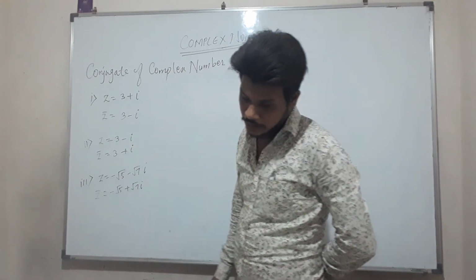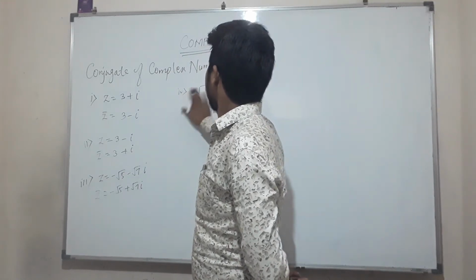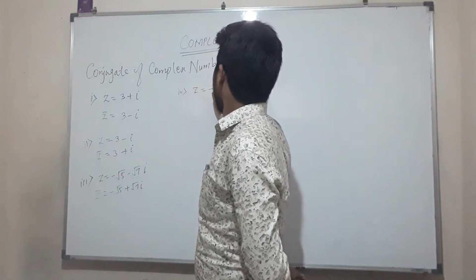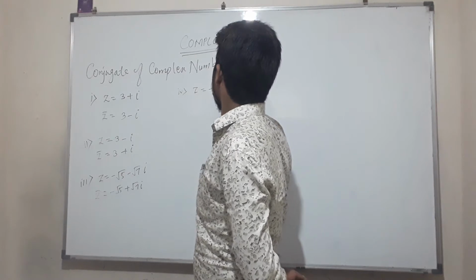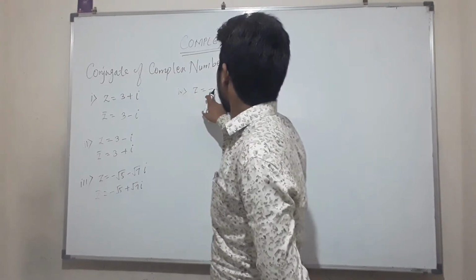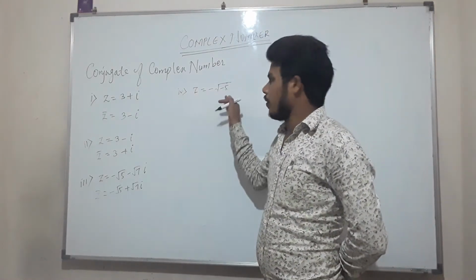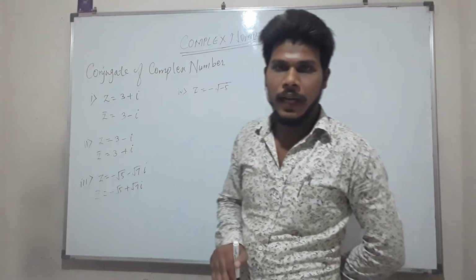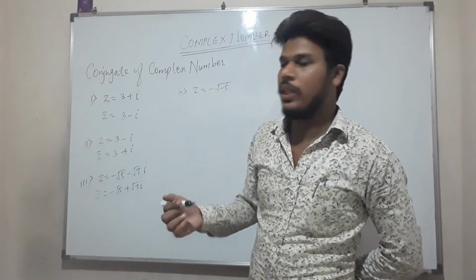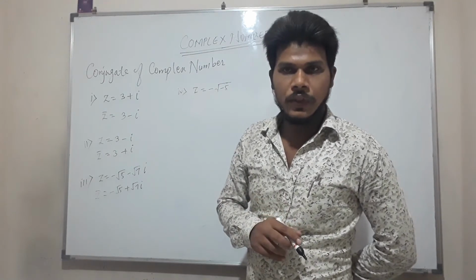Next question is z is equal to minus square root of minus 5. So this is not in form of i. So first we will change it in the form of i, means in complex form.